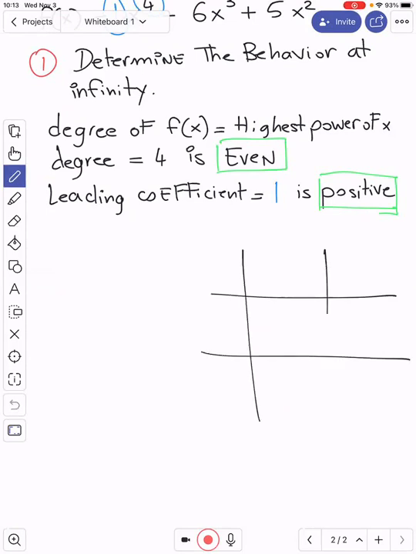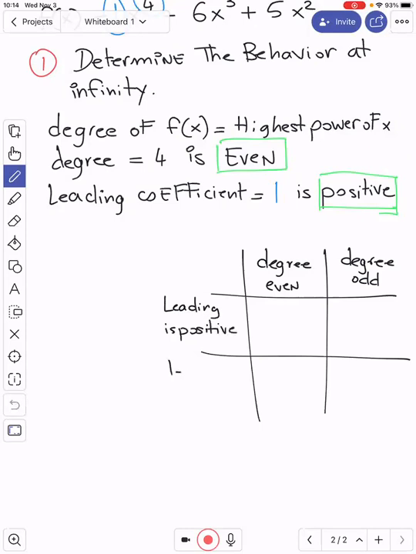With the degree, the first column is degree even, the second column is degree odd. And then the first row is leading coefficient positive, and the second row is leading coefficient negative.